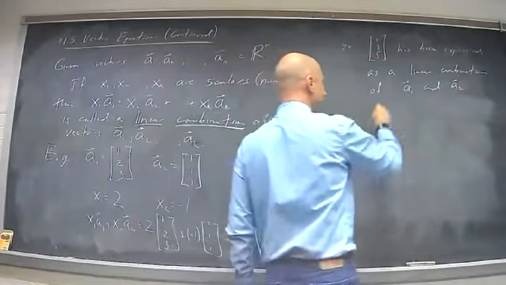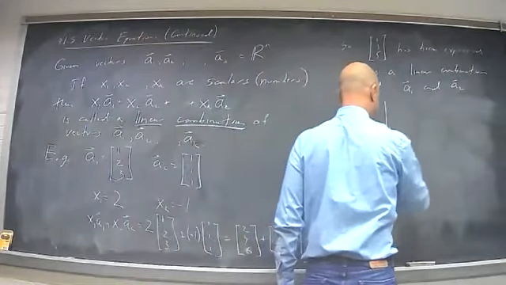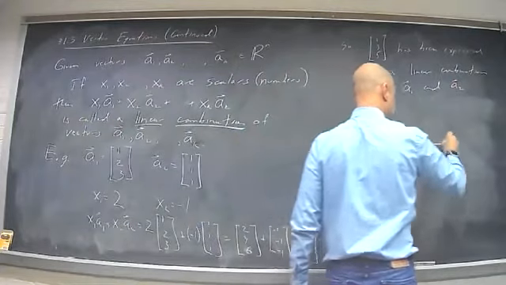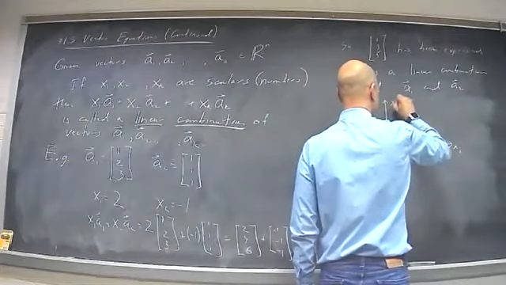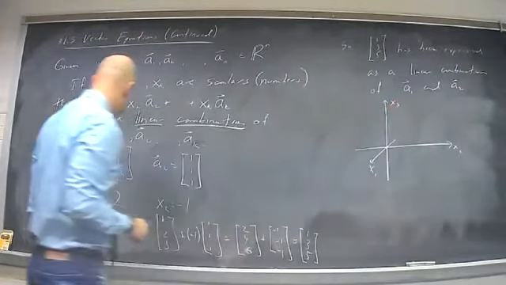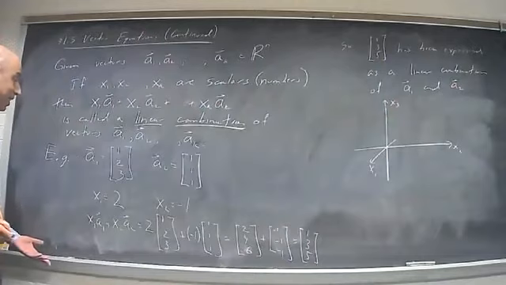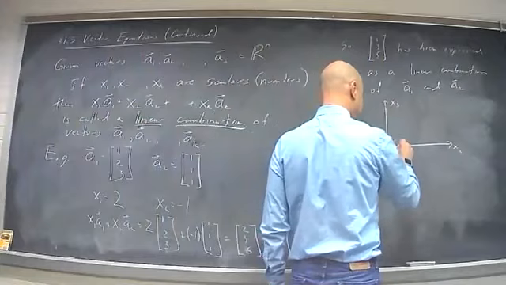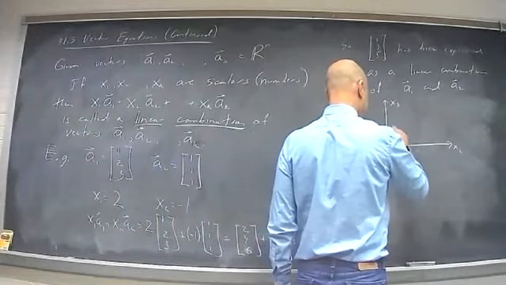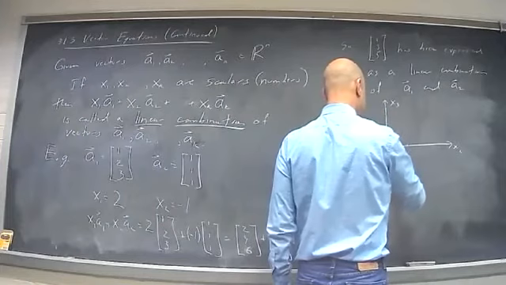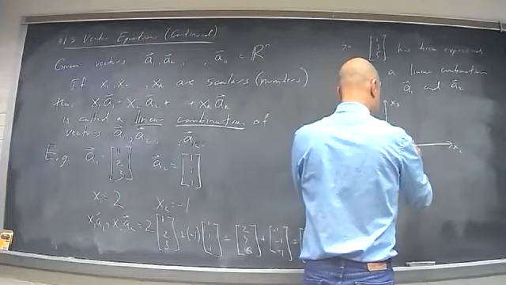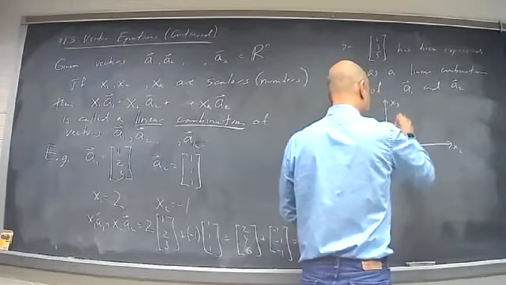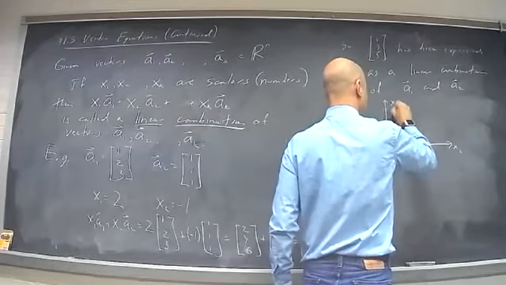So A1, let's just sketch a picture here. So A1 is the vector 1, 2, 3. So coming out 1 on the x-axis, 2 on the y-axis, and going up 3. So here's vector A1.